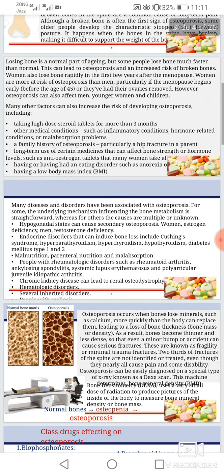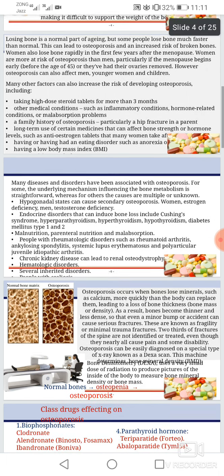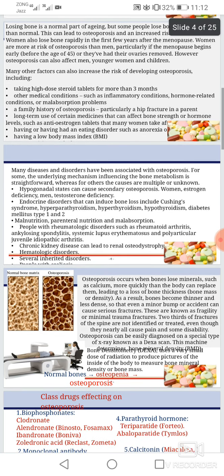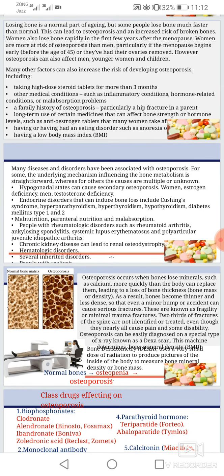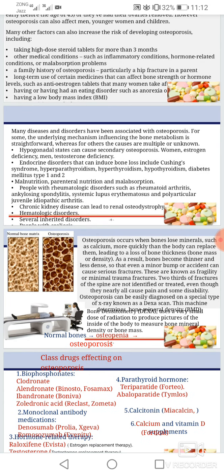A family history of osteoporosis, particularly a hip fracture in a parent, long term use of certain medicines that can affect bone strength or hormone levels, such as anti-estrogen tablets that many women take, having or having had an eating disorder such as anorexia, having a low body mass index. Many diseases and disorders have been associated with osteoporosis. For some, the underlying mechanism influencing the bone metabolism is straightforward, whereas for others, the causes are multiple or unknown.